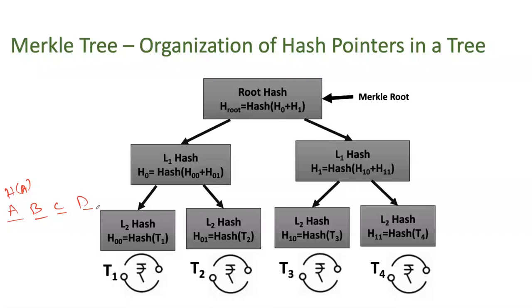So in hash pointers, every individual character in the message is hashed: the hash of A, hash of B, hash of C, hash of D. And after that, these two give another hash of A and B. So which concept is it giving now?